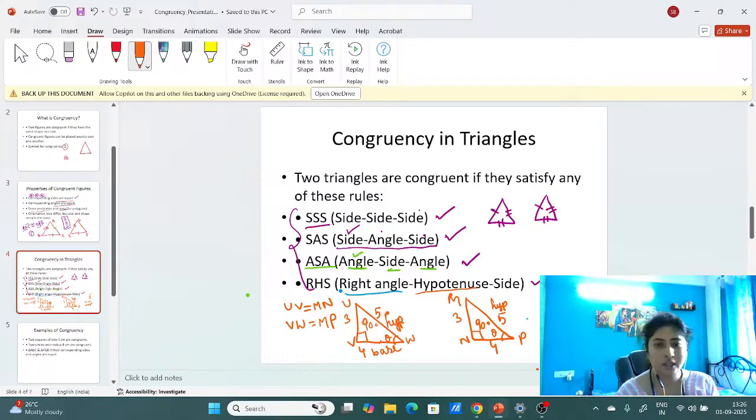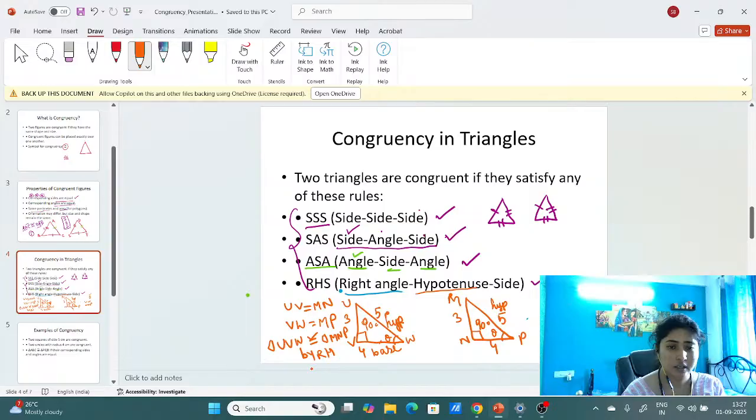So here I can write triangle UVW is congruent to triangle MNP by RHS.